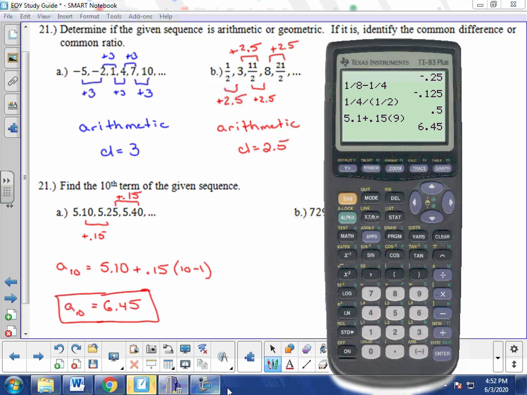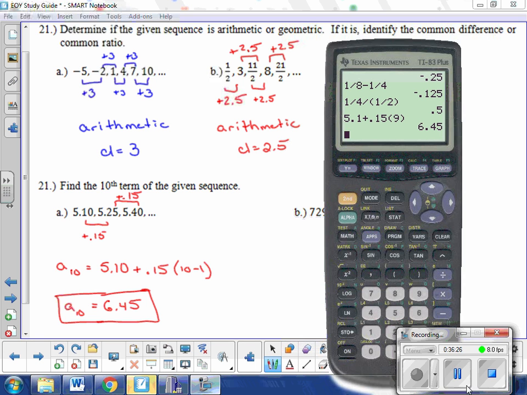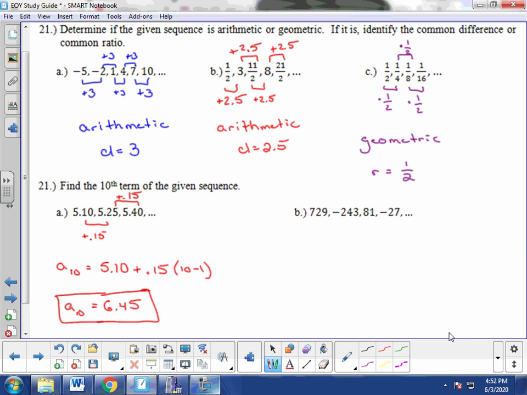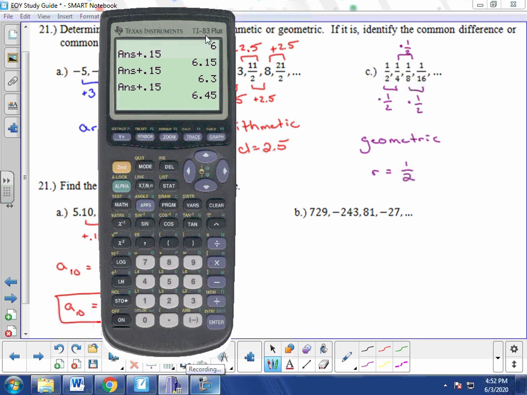We can do the same thing for B. For B here, I might check and see that this is not arithmetic, because if I take negative 243 minus 729, it has a difference of negative 972. But then if I take 81 minus negative 243, it has a difference of positive 324.